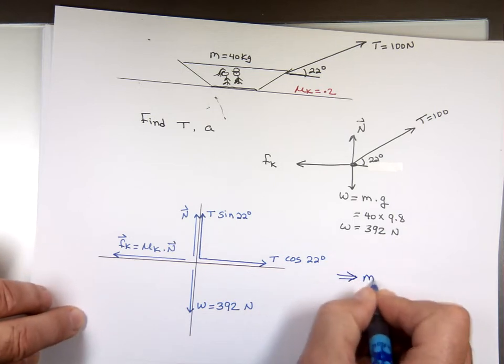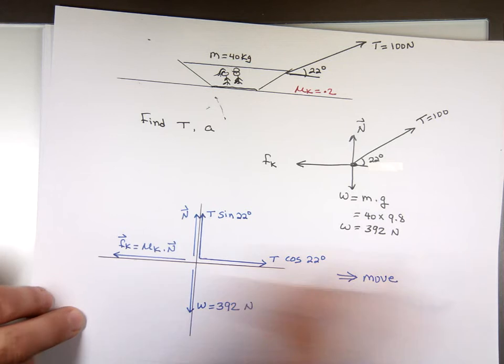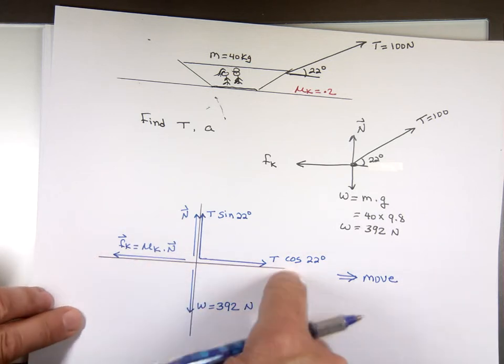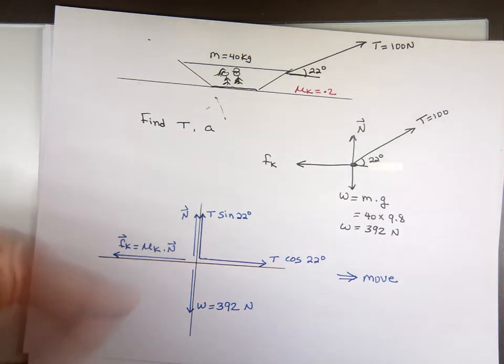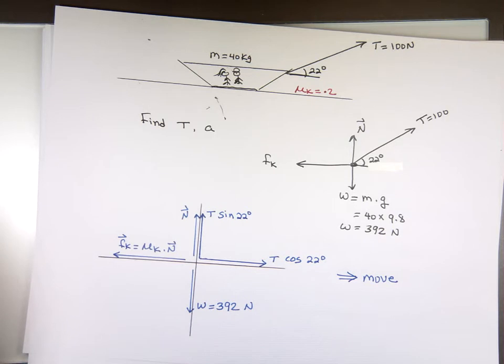If it's moving to the right, that tells me this force has to be larger than that. Now, I assume it's going to move, but I might be wrong. Maybe 100 Newton wasn't really strong enough to move it. I might have to change it.